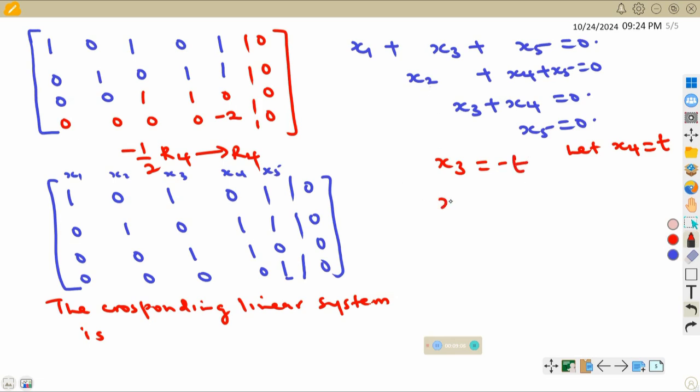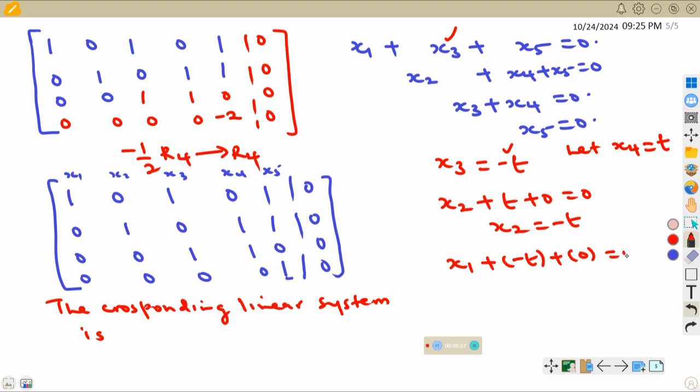When we come to this, x2 plus x4, which is t, plus x5, which is 0, will be equal to 0, meaning x2 is equal to negative t as well. Then x1 plus x3, we have seen x3 is negative t, plus x5 is 0, will be equal to 0, meaning that x1 is actually equal to positive t.